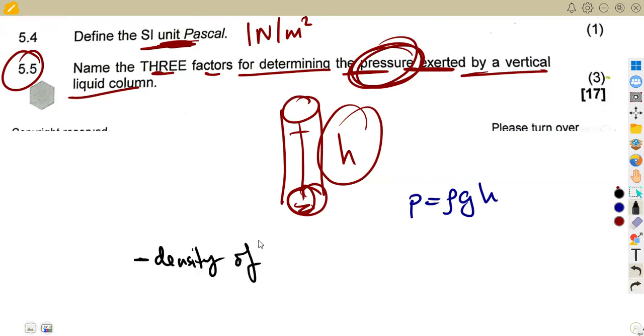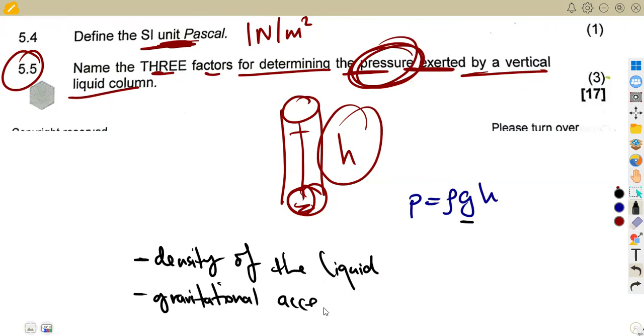The density of the liquid, which is the liquid that is taken. We also talk of the gravitational acceleration, which is g. The gravitational acceleration is simply from gravity, all right?